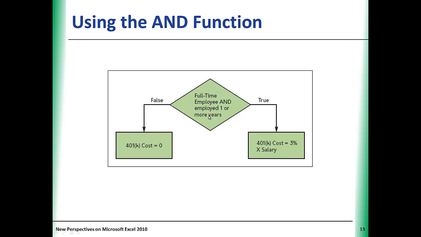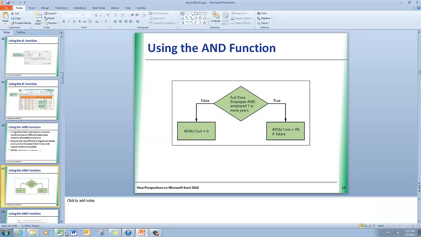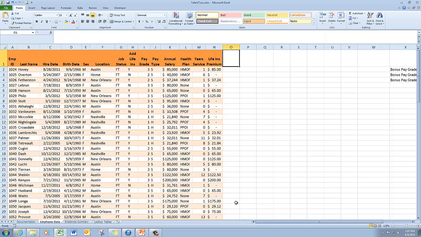So if both of those conditions are met, then the value is true and you can calculate the 401k contribution. If either one or both of those conditions is false, then the person isn't eligible for the 401k plan and the contribution is 0. So let's go ahead and switch to the worksheet and add that column.